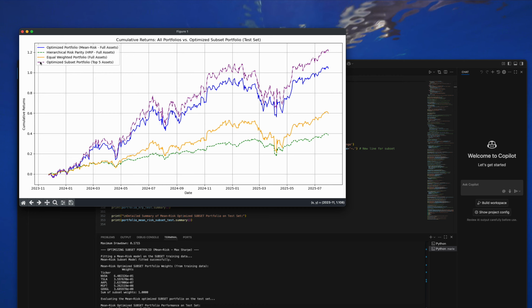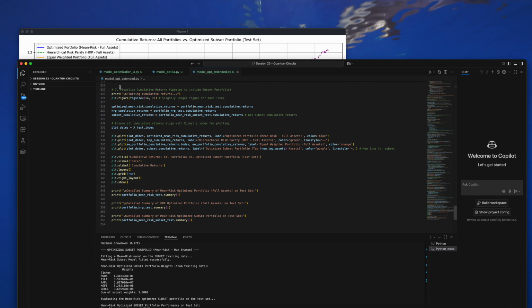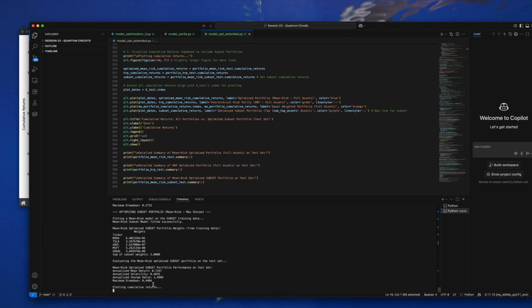And the purple with the dash, that's the optimized subset portfolio: the top 5 performing assets of our portfolio, optimized using mean risk in Skfolio. We see that is the best performing, although it is the most volatile. If we look at the variance of this purple one, it's going to be pretty high.